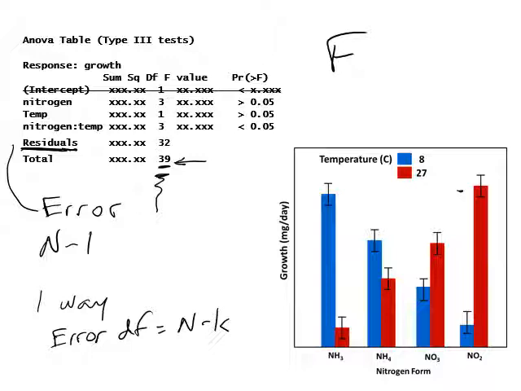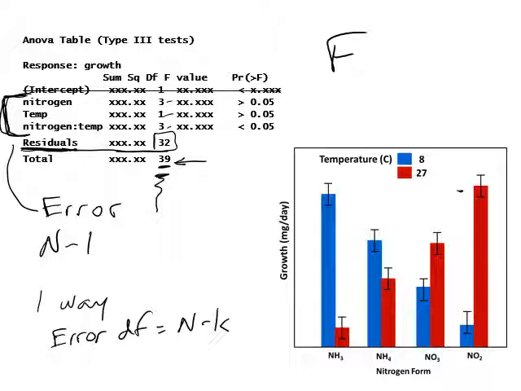Because we have these different effects we have to account for. So I think the easiest way to take care of the degrees of freedom on the error term is you simply take the degrees of freedom for your main effects and your interaction effect, which in this case is 3, 1, and 3, or 7, and just subtract that from the total degrees of freedom, which is 39, and that gives you the error degrees of freedom at 32.